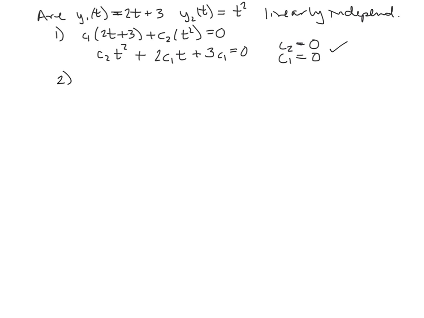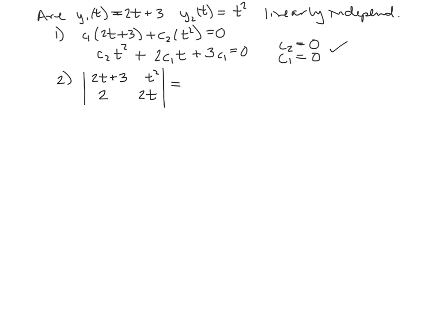The other way we could do this is with the Wronskian. For the Wronskian you put the functions in the top row and their derivatives in the second row. The derivative of 2t plus 3 is 2, and the derivative of t squared is 2t.